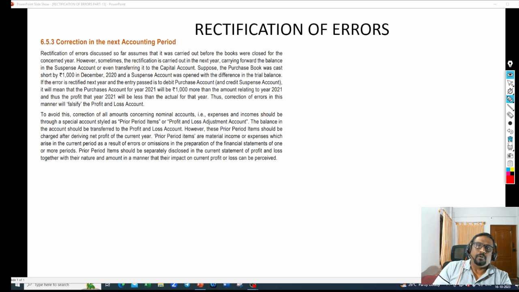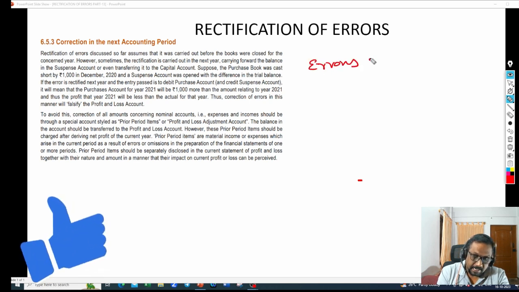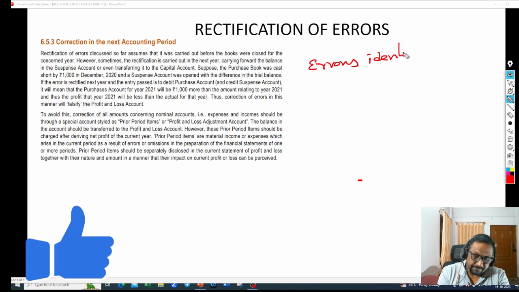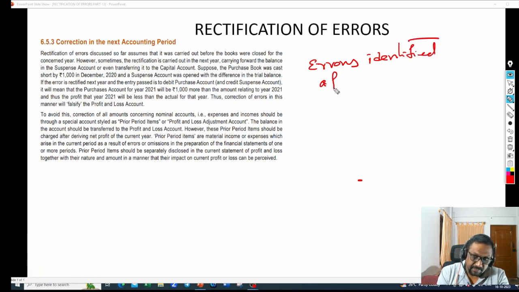Okay, guys. Where are we? We are going to learn the third stage. What is the third stage? Errors identified after preparing trial balance and final accounts.